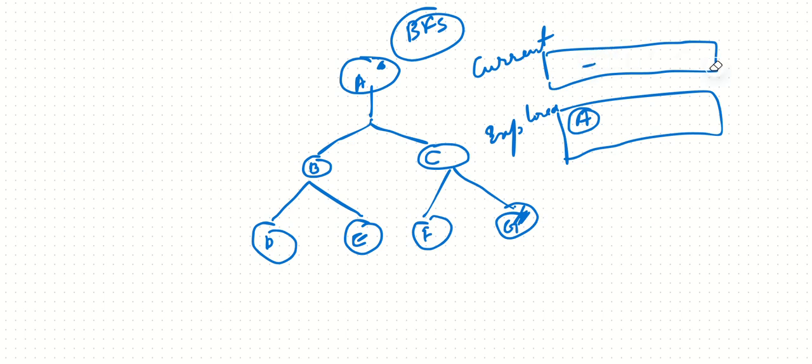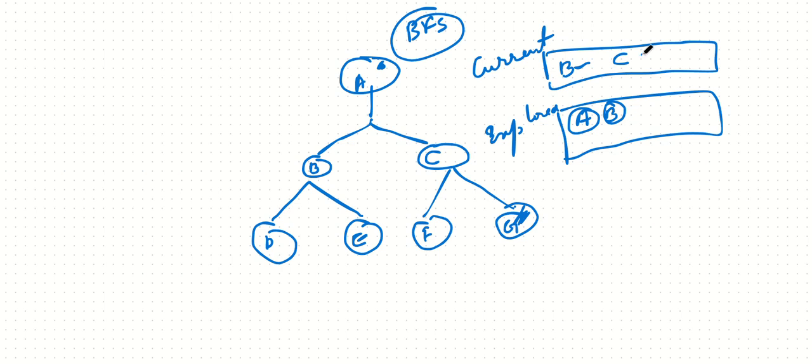The next set of nodes is B and C. First we'll check B, and then we'll check C. So we have already checked B, and next is C. B goes into the explored set, and we put in the next set of nodes.